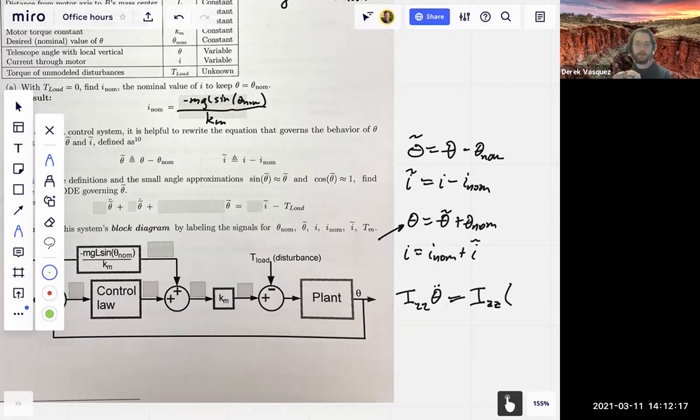Theta tilde double dot plus theta nominal double dot is equal to theta double dot. But like we said earlier, theta nominal dot and theta nominal double dot are going to be 0 because theta nominal is a constant term. So that is actually just going to be theta tilde double dot.